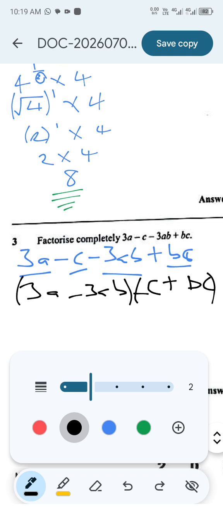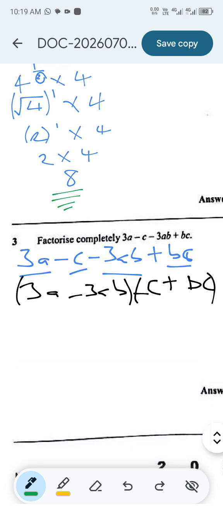So what happens here is that we want to find the common factors. For 3a - 3ab, we are definitely going to have 3a. So if we say 3a, then 3a into 3a, that's 1. Then 3a into 3ab, that's b. We are remaining with b.